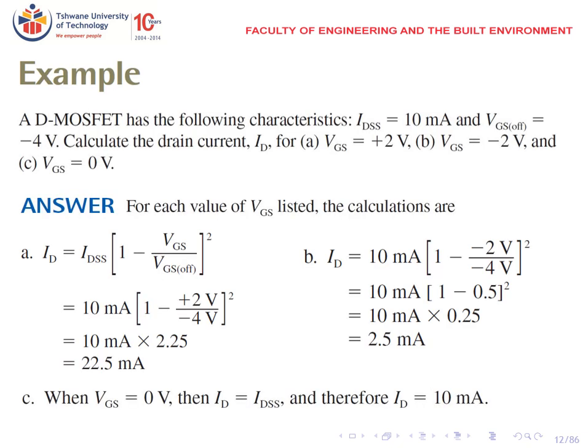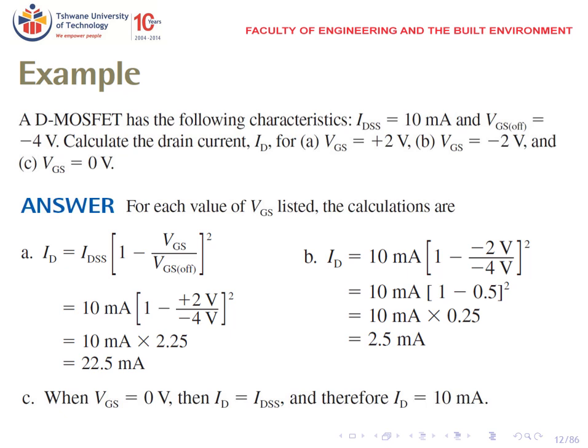A D MOSFET has the following characteristics: IDSS equals 10 milliamperes, VGS off equals -4. Calculate the drain current ID for VGS equals 2, VGS equals -2, and VGS equals 0.